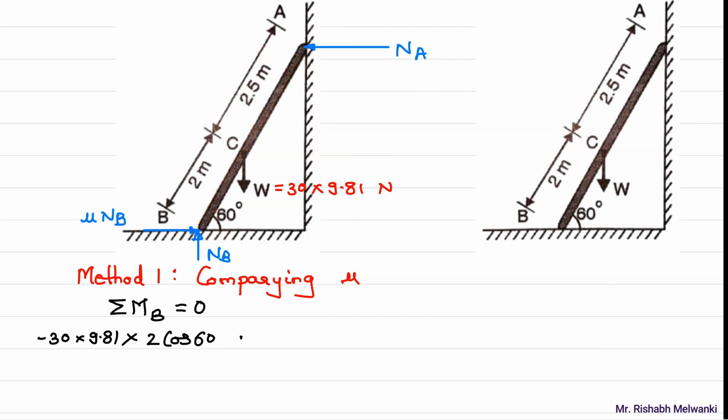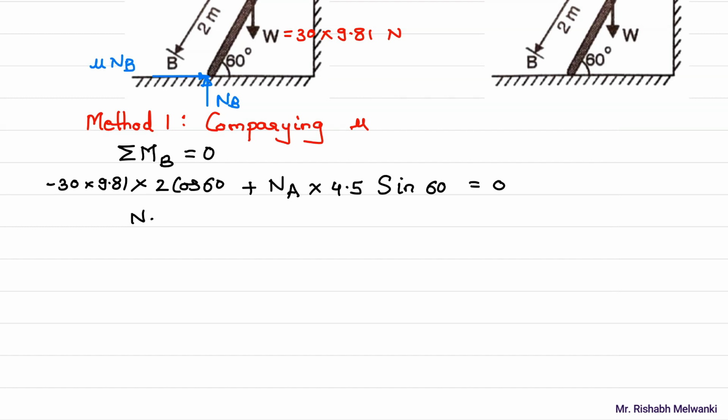So plus Na into 4.5 sine 60 equals 0. Now the only unknown over here is Na, so I can find Na. Na is equal to 75.52 Newton. This is the value of Na which I am getting.